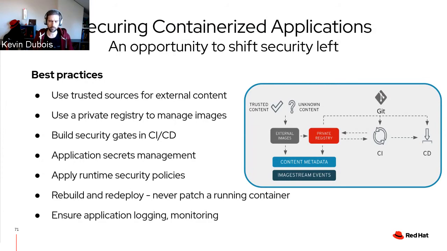And then the rebuilding and redeploying one is an important one too. You never want to patch a running container because it's a manual intervention into your system that you don't want. You want to have everything in your code repository so that you can go back to it, you can revert it, you can inspect it, and so on and so forth.